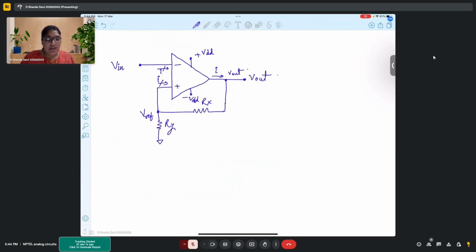What do you want me to take my output as in the beginning? We need to start from some value. So let's say somehow my V out is plus VDD. So if V out at 0, that is at the initial state, is plus VDD, then my V ref will become VUT, right? It will become VUT, correct?